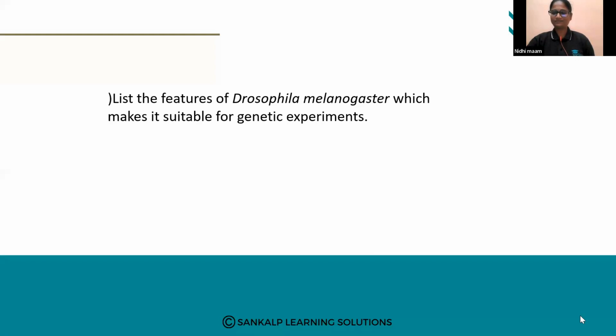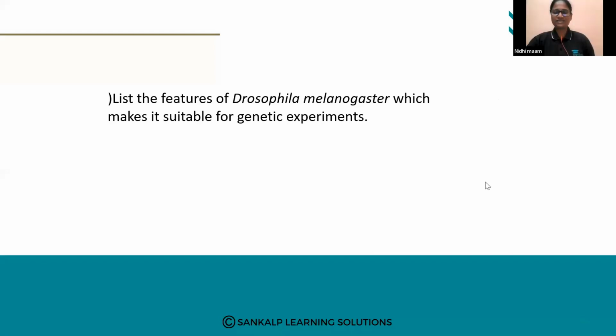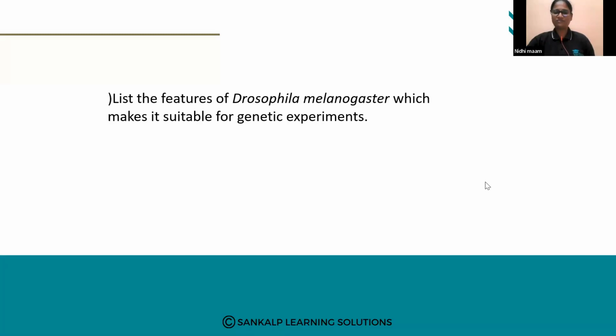A single mating can produce large number of progenies. Answered by Sita. Good. Yes. What about others? Yes, Ayyamma, you want to tell something? They complete their life cycle within 15 days. Good.